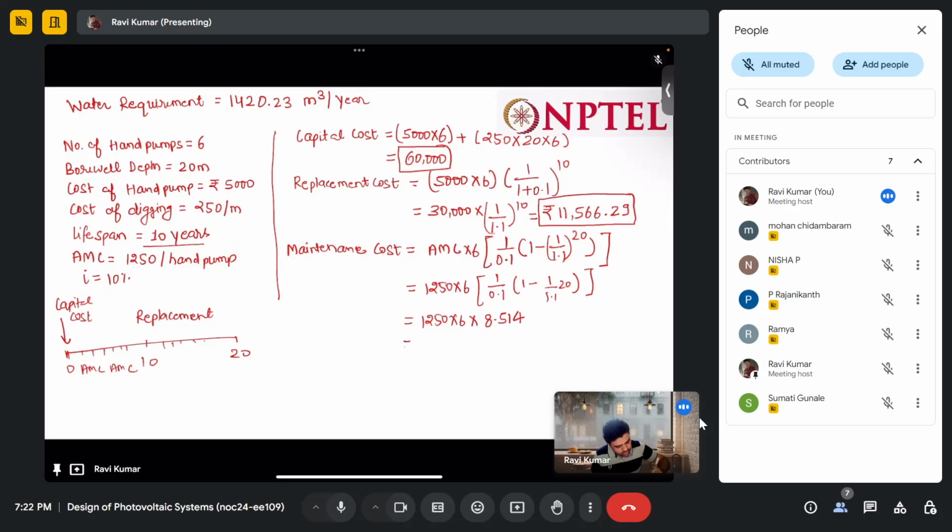And total we get 1250 into 6 into 8.514. It is coming around rupees 63,855. So this is the total maintenance cost.